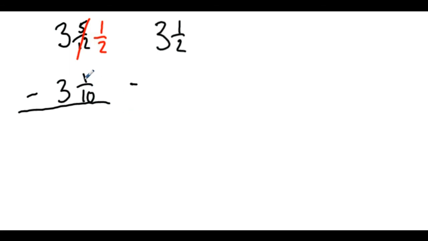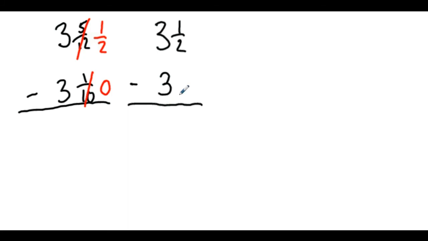So I can think about this 1/10 instead as 0. So when I rewrite it, I'm looking at 3 and 0. So 3 and 0 would just be 3. And no fraction. I write my difference line.